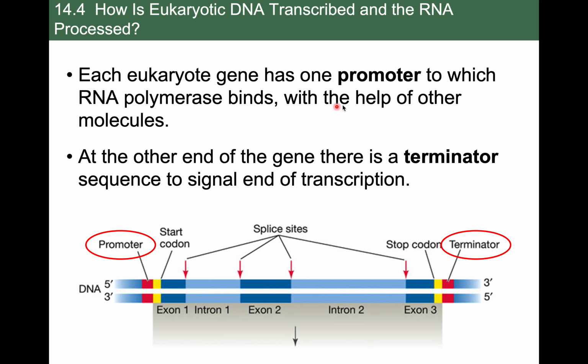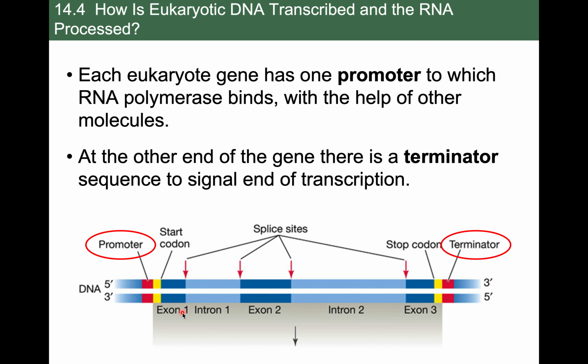And so keep in mind, each gene has a promoter and a terminator at the end. And then what we find in all eukaryotic genes are what are called exons and introns. And so we see these actually in the DNA sequence.